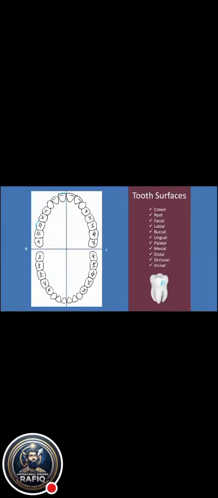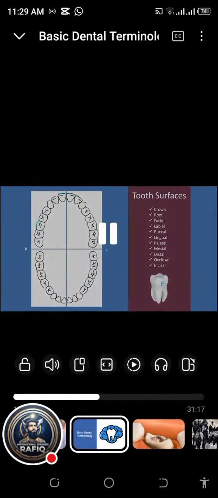Interestingly, there are other names that can be used to describe this surface depending on where you are in the mouth. So if you're talking about a front tooth or an anterior tooth, that refers to the incisors as well as the canines. This facial surface can also be called the labial surface. That's because it's adjacent to the lips.